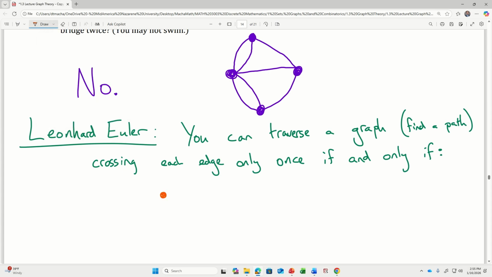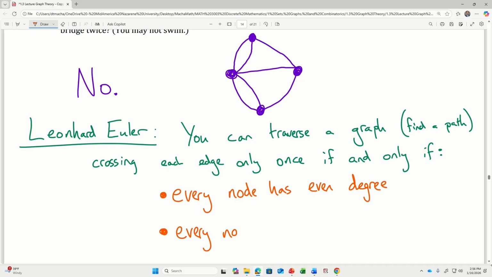The first possibility is every node has even degree. Or every node has even degree except 2.